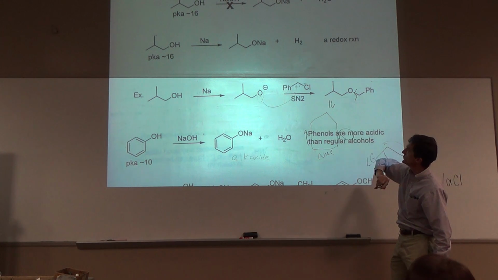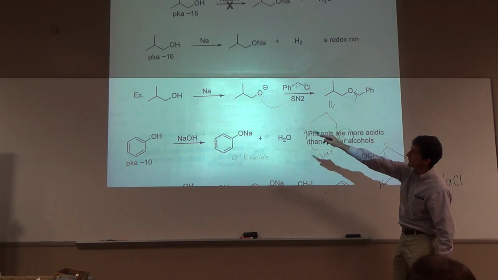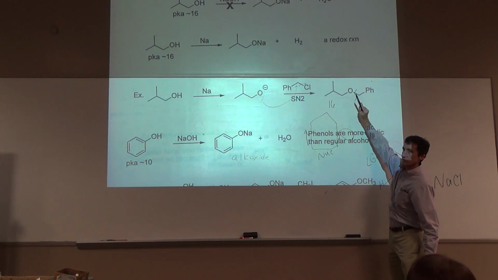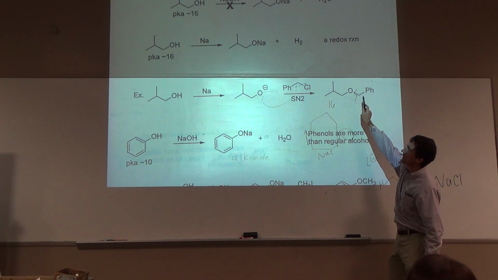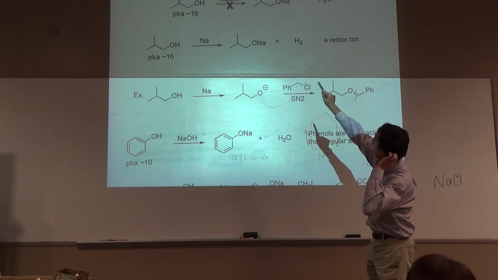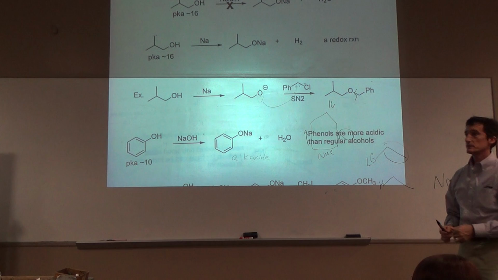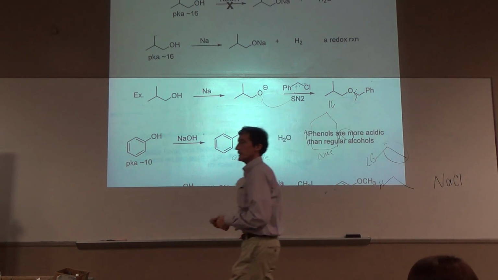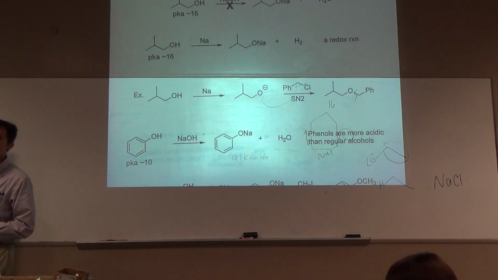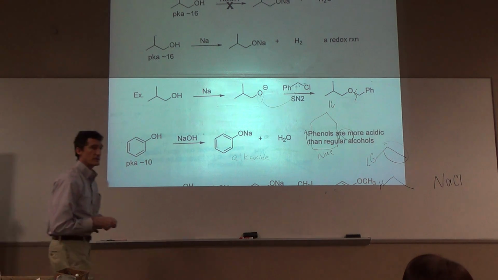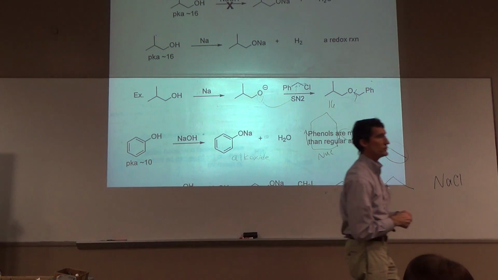Good old SN2. We started with an alcohol. What type of compound did we make once we alkylated the oxygen? Put another alkyl group on it. Ether. This is called a Williamson ether synthesis. Williamson was an English chemist back in the 1800s and made a lot of ethers this way from the alcohols, forming the alkoxide and then doing a good old SN2.